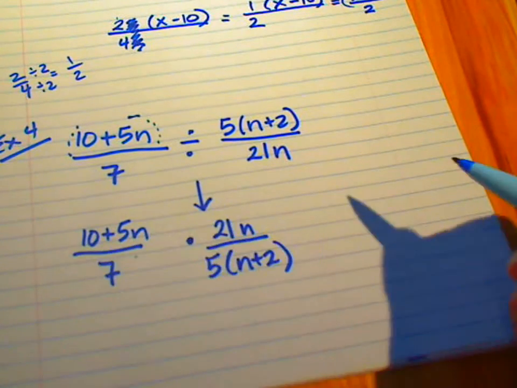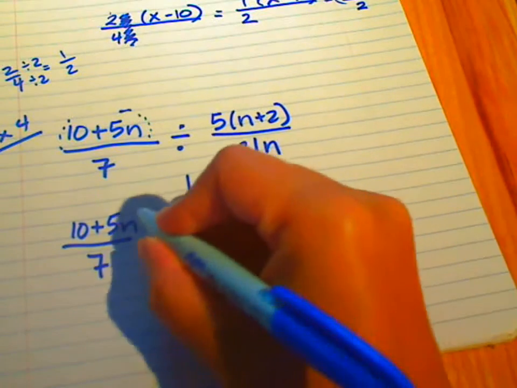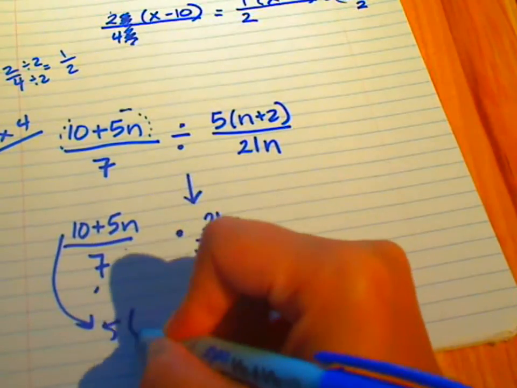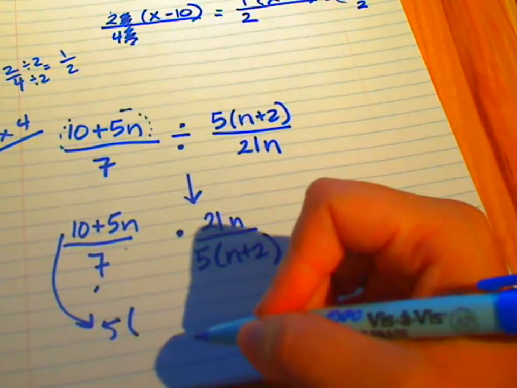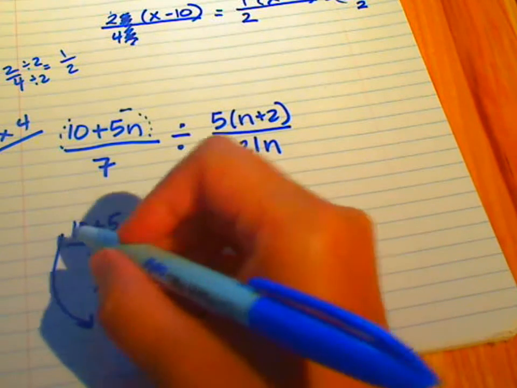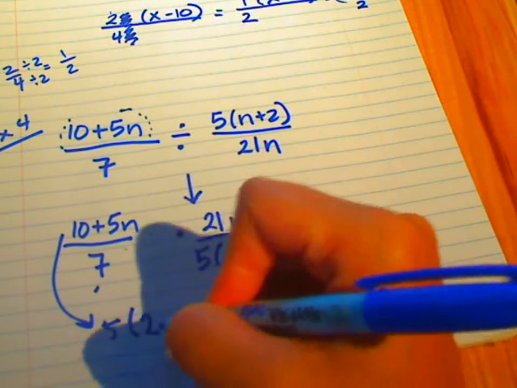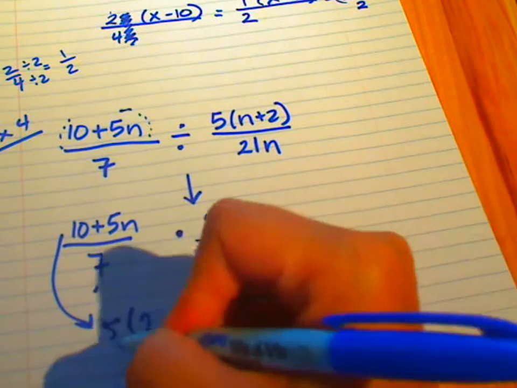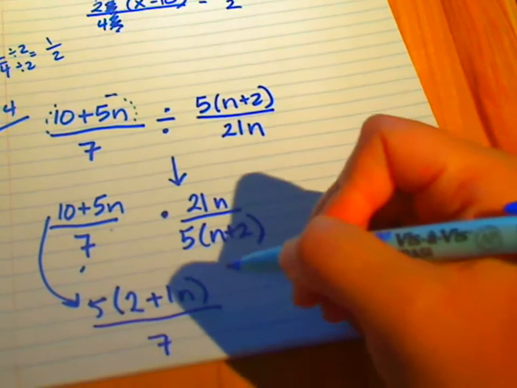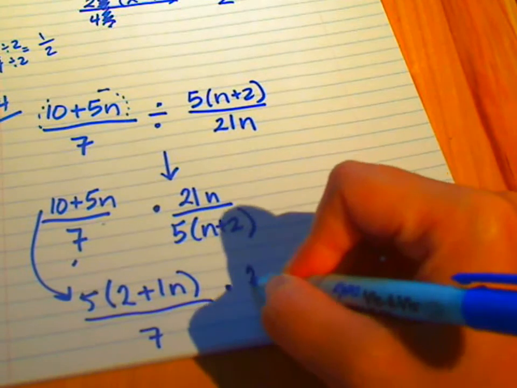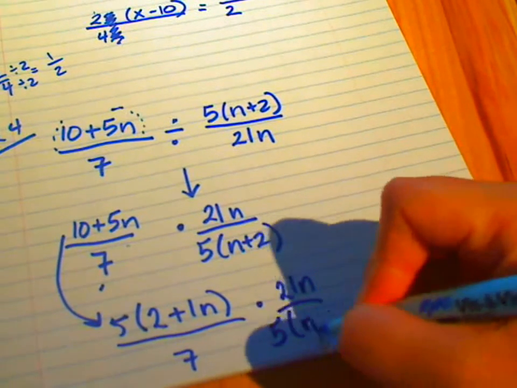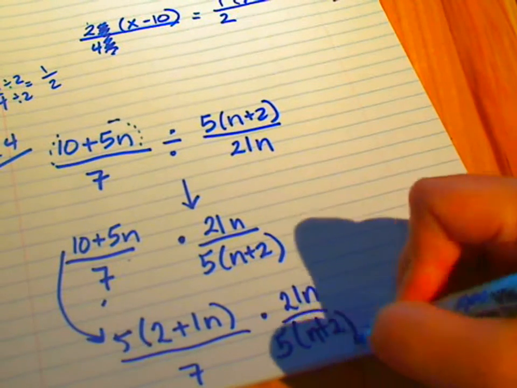There's not a variable in both terms, so I'm going to take out a 5. I have 10 divided by 5 is 2. 5 divided by 5 is 1, and I have n over 7 times 21n over 5 and n plus 2.